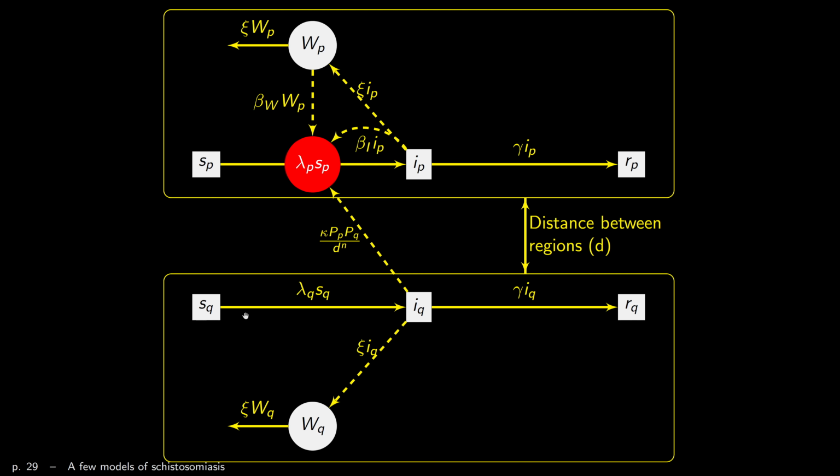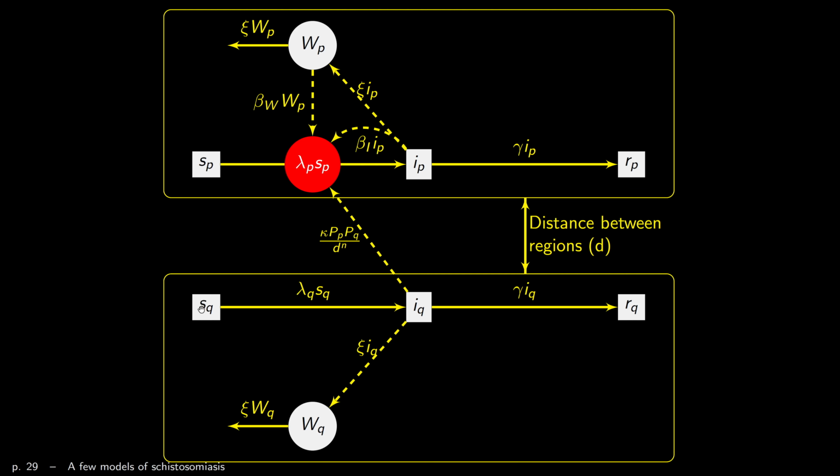So this is an SIR model, like you know. Okay, so there's a force of infection, lambda Q. It's multiplied by the number of, here I've used little letters, so these are proportions of susceptibles, infectious, and recovered. Okay. Typically I use lowercase letters for proportions and uppercase letters for numbers.